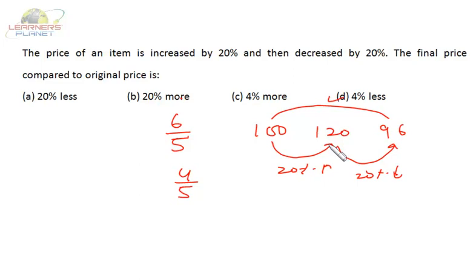In the second case, the base is 120 on which the price is decreased by 20%. So you should be very careful about it. Actually the problem is very simple. First you increase it by 20%, which you can do mentally, then you reduce it by 20%. In all, we are getting a 4% decrement from the initial value. I hope you are clear.